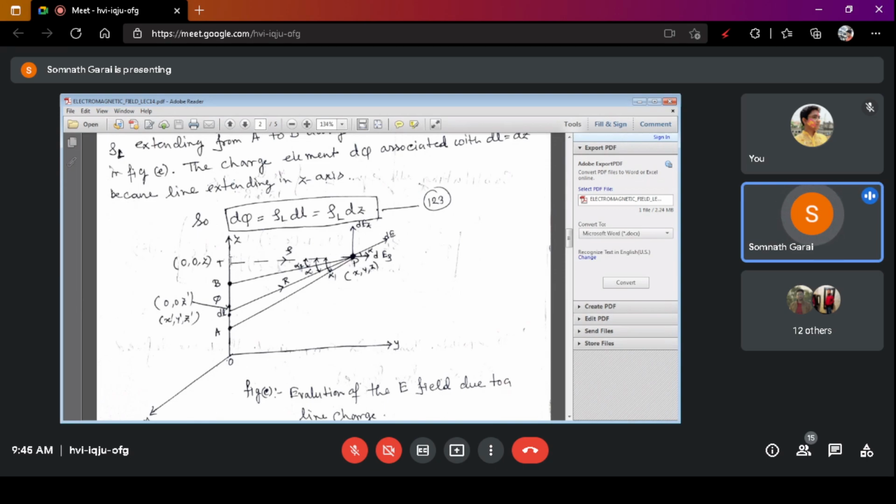So at point P, x is equal to 0, y is equal to 0, z is equal to z, right? And there is a point Q.